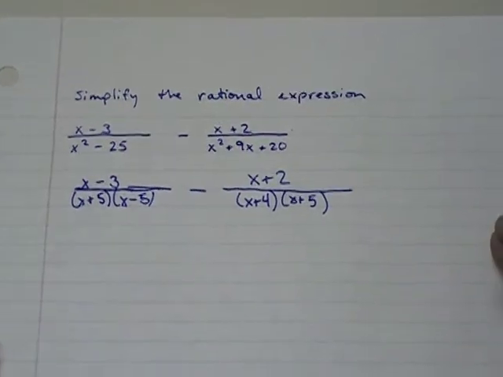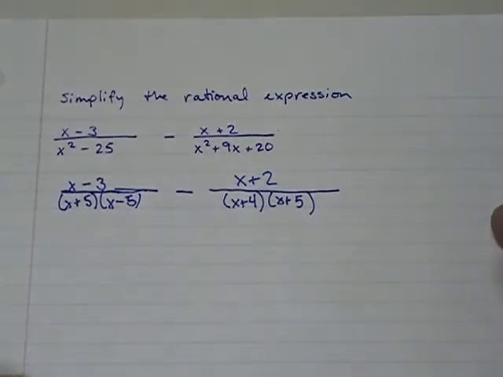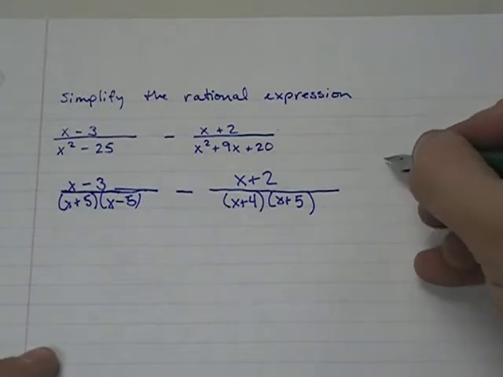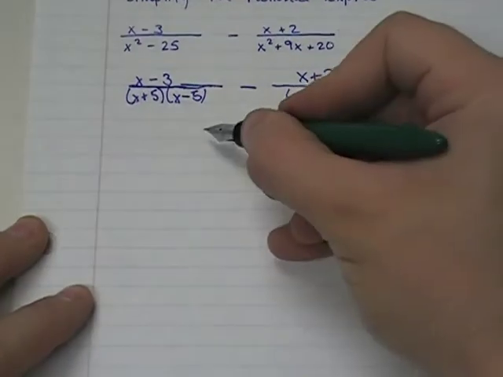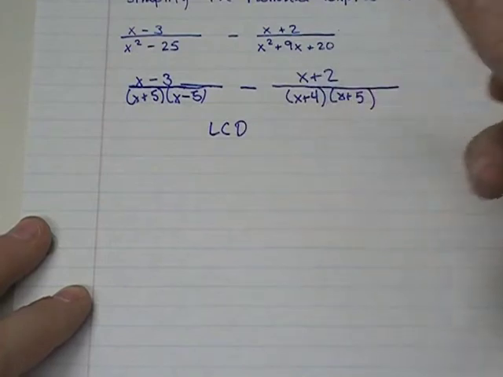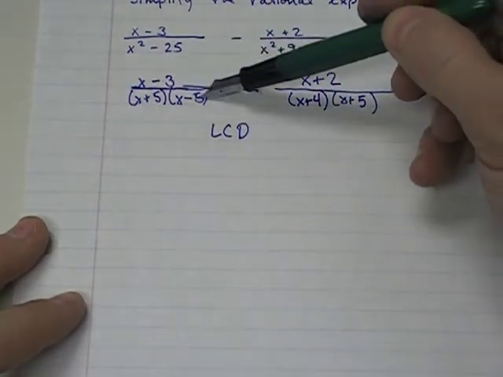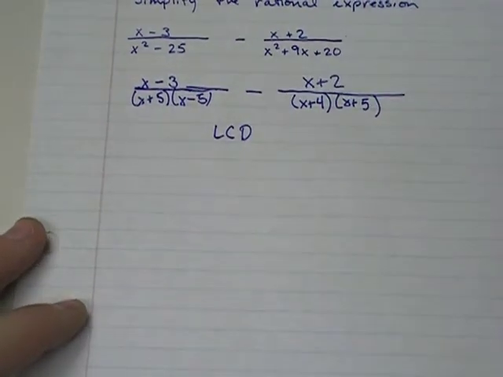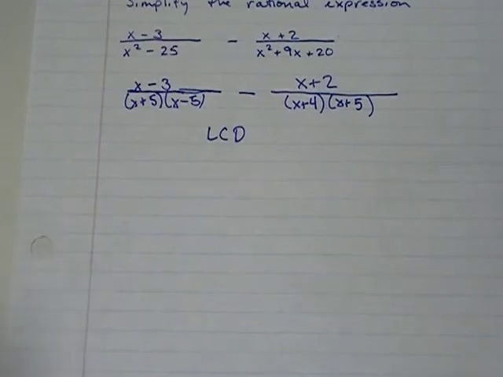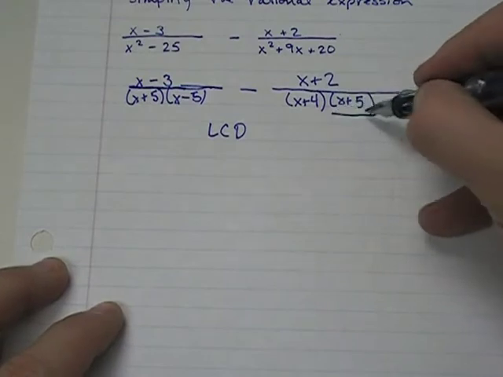Now our second step is to find the LCD. And the LCD for any fractional equation like this is always going to be to take each term from every denominator, but don't repeat. So what do I mean by don't repeat? Well, a real simple thing to point out here would be that if you look in this denominator, I have an x + 5.